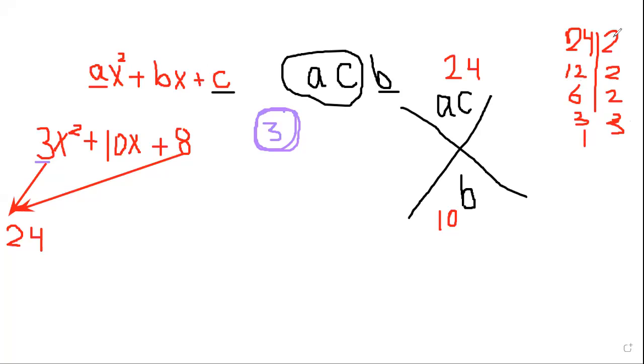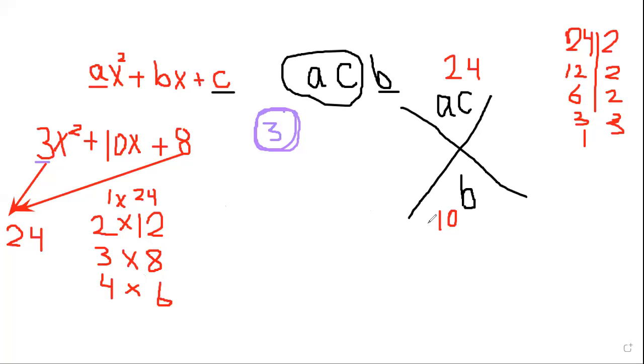Now, tell me the options. 2 times how many? 2 times 12. And also we can take 1 times 24, or 3 times 8, and 4 times 6. Anything else?